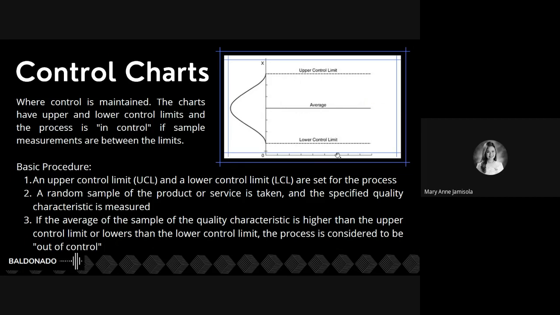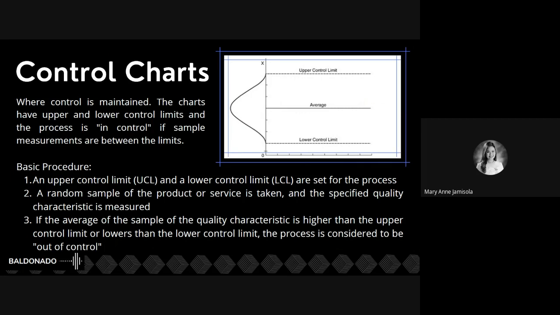So this is the basic procedure in using control charts. So you have to set an upper control limit and a lower control limit. So as to how we can decide what is the upper control limit and what is the lower control limit, we will discuss this in the next slides.